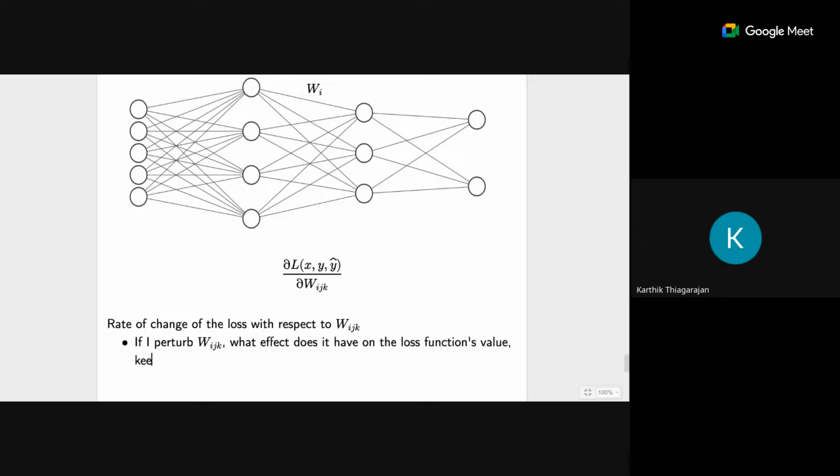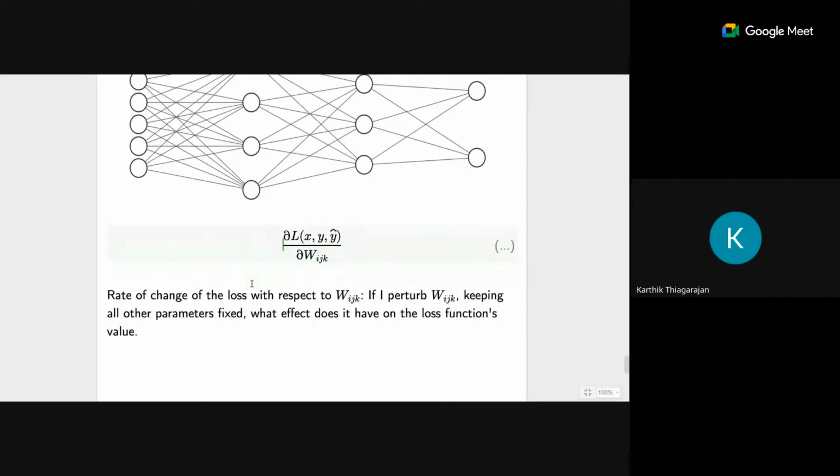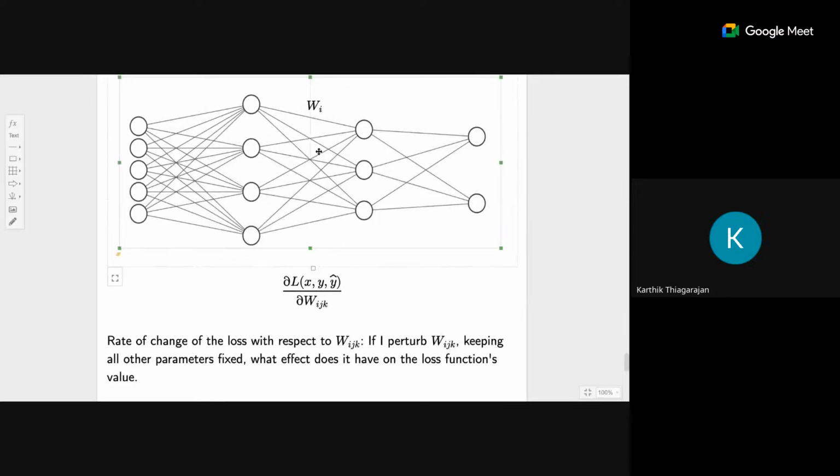Okay, this is important. This is the meaning of this quantity here. Is this clear to everyone? If I make a small change to this weight, one of these connections, what happens to the loss function?